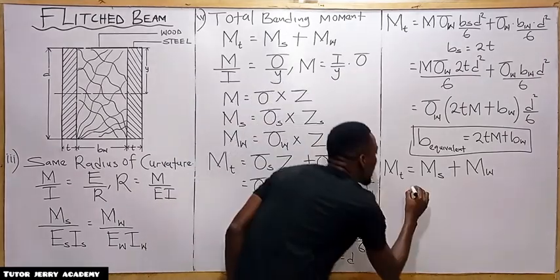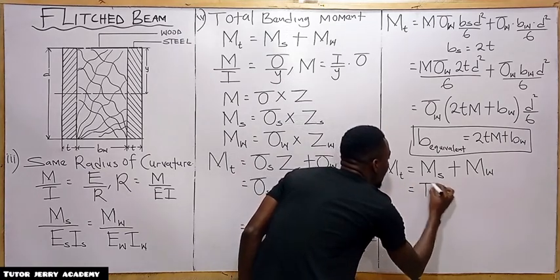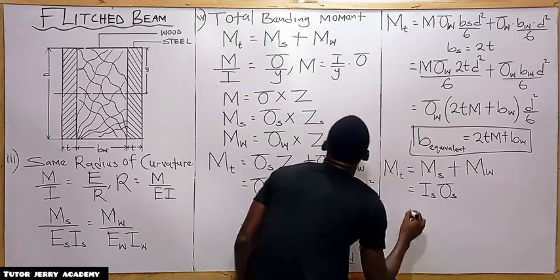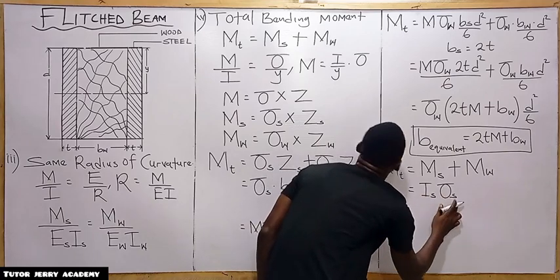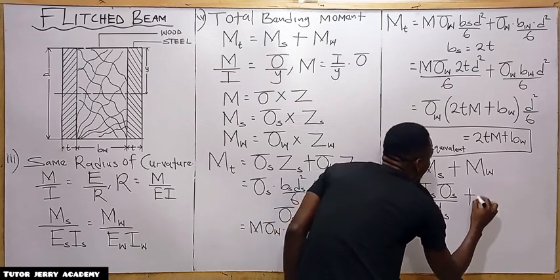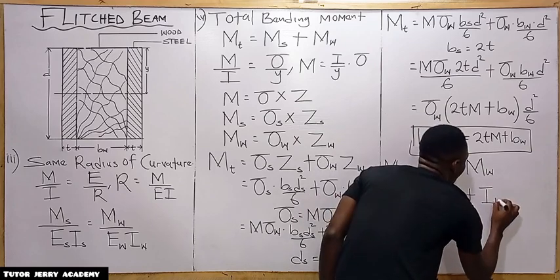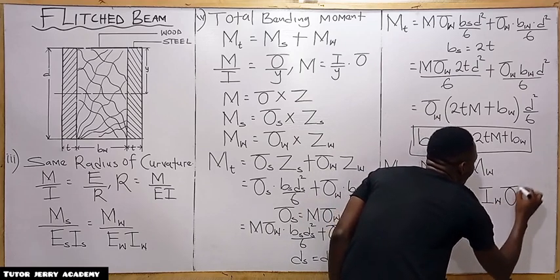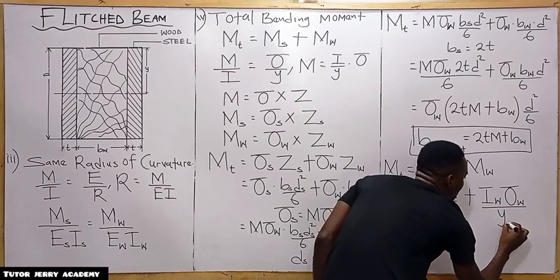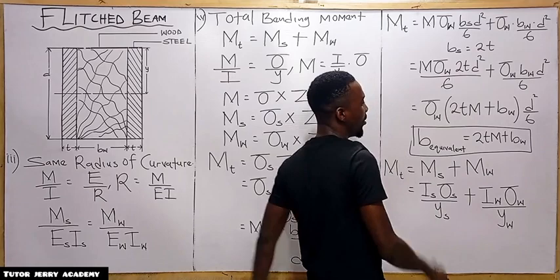So we are going to have I subscript s multiplied by stress subscript s all over y subscript s, plus I subscript w multiplied by stress subscript w all over y subscript w. So this is what we are going to have.